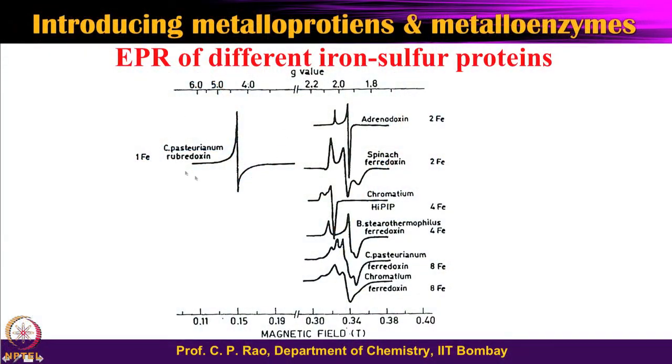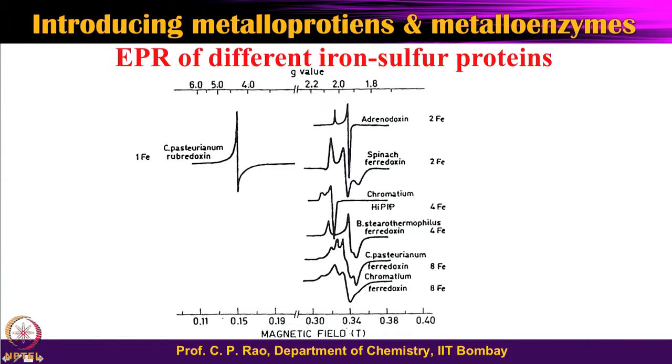The EPR spectrum of the 1 iron protein looks very nice, with the g value between 4 and 5. If you look at the 2 iron 2 sulphur protein, you can see these features, and if you go to 4 iron 4 sulphur, these three are very similar, and intermediate to the 2 iron and 4 iron is the high potential iron protein.